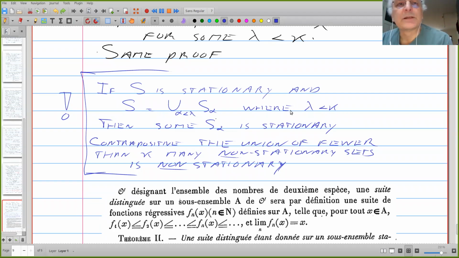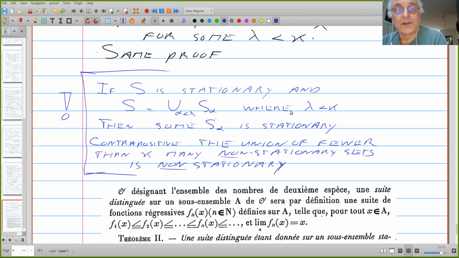Okay, let's continue. I put in something that I almost forgot in the first hour even, but it is something that is very useful to know in all kinds of applications. If you have a stationary set and you write it as the union of fewer than kappa many subsets, then one of these lambda many subsets has to be stationary. Contrapositively speaking, if you take fewer than kappa many non-stationary sets, then the union is non-stationary as well.